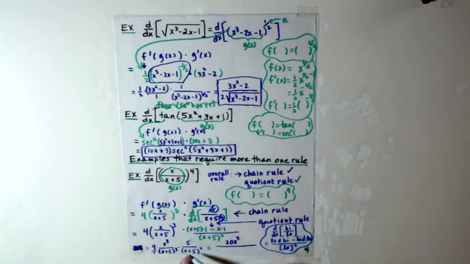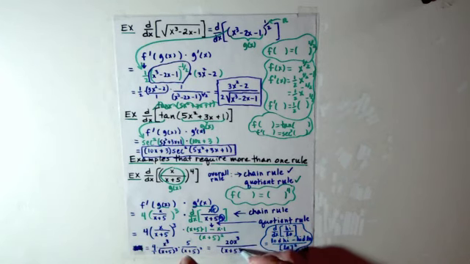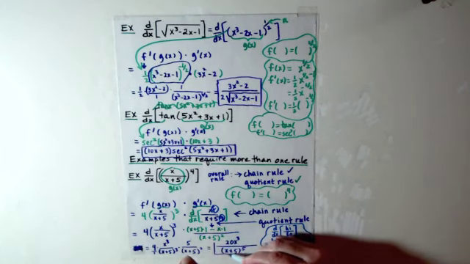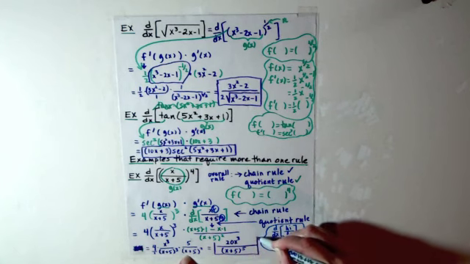Remember, when you multiply like bases, you're supposed to add the exponents. So it would be x plus 5 raised to the 3 plus 2. You have 5 factors of x plus 5 there. So it would be x plus 5 to the 5th. And that would be the simplest form for my final answer.